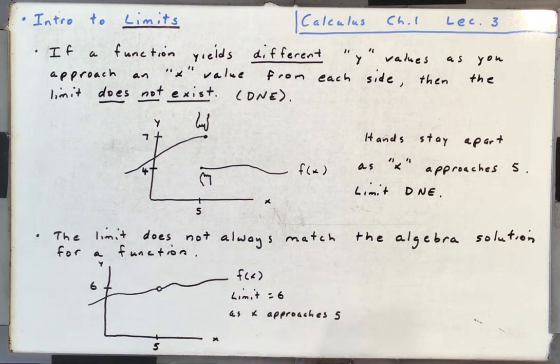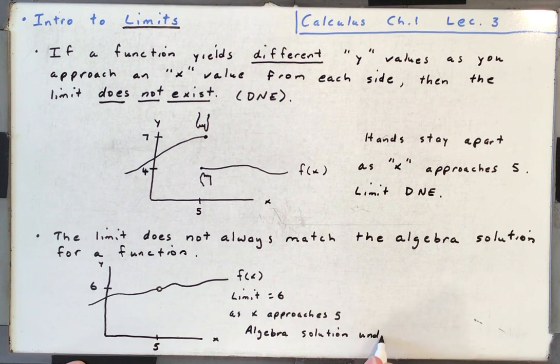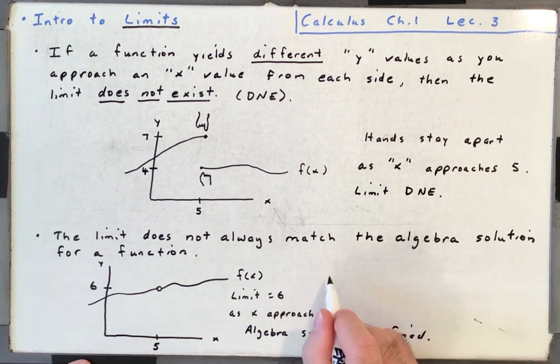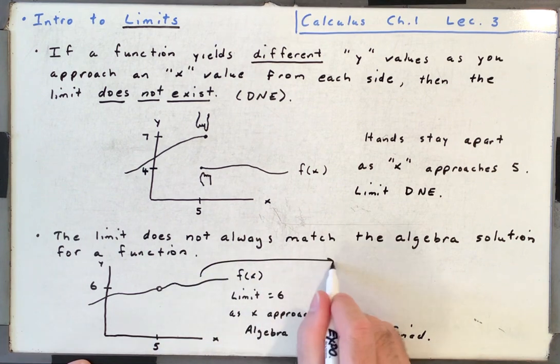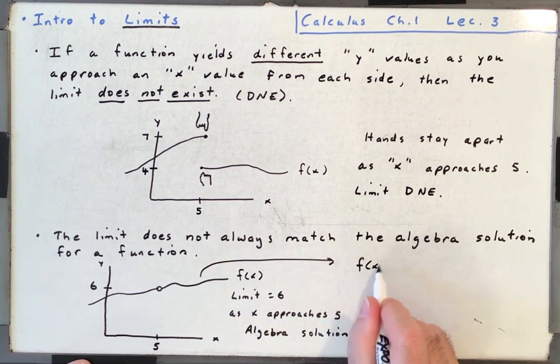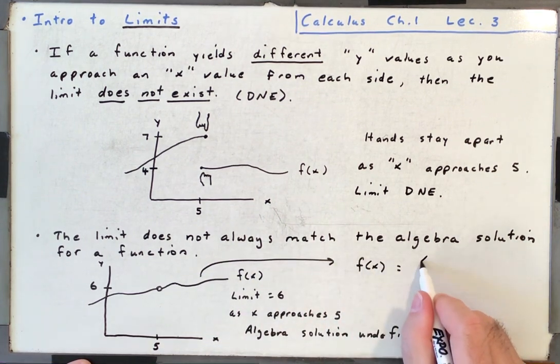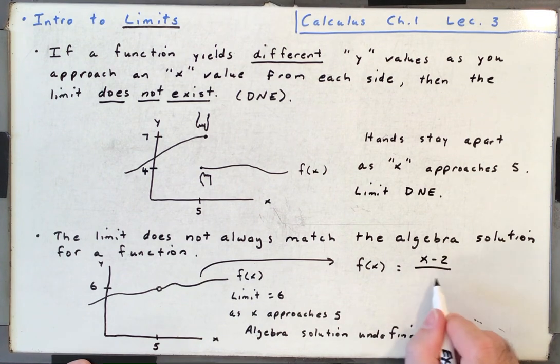However, the algebra solution is undefined. So let's say this function, I don't know that this is what it is, but let's say f of x is equal to x minus 2 over x minus 5.